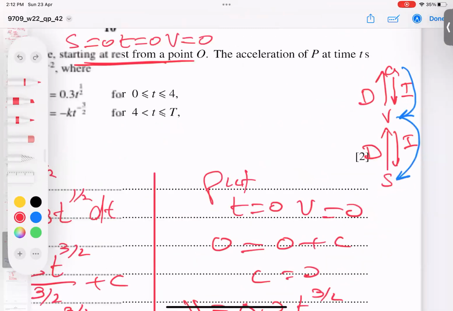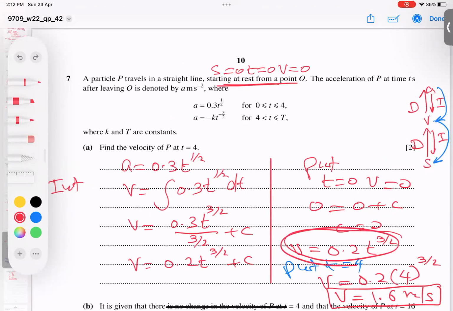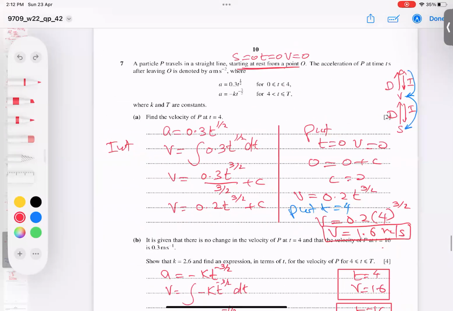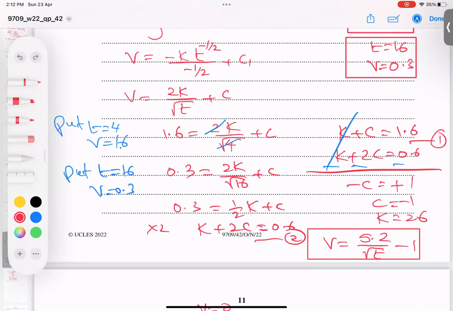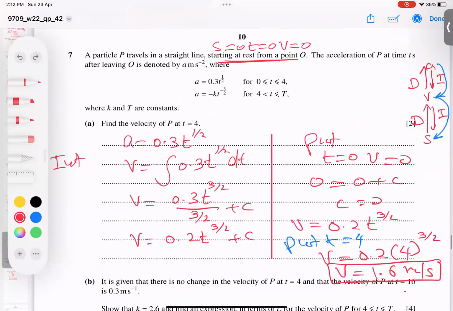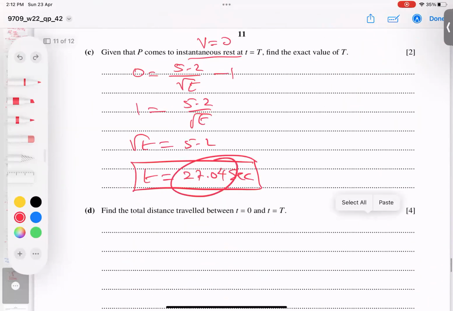So first of all, I will integrate this over the limits 0 to 4 and get the distance. Then I will use the second expression, which is here at the bottom. The starting time is 4, and the ending is capital T, which I just got, 27.04.